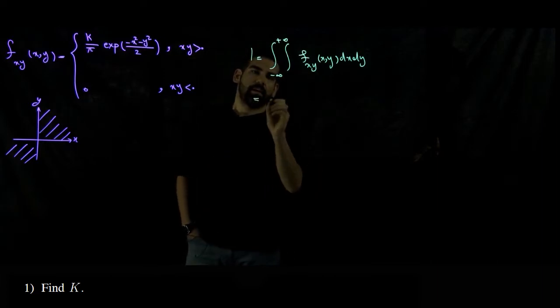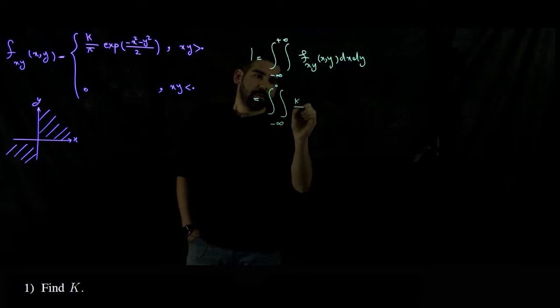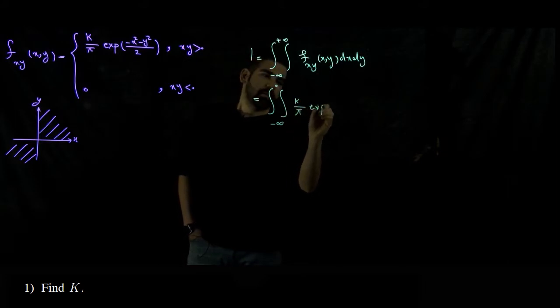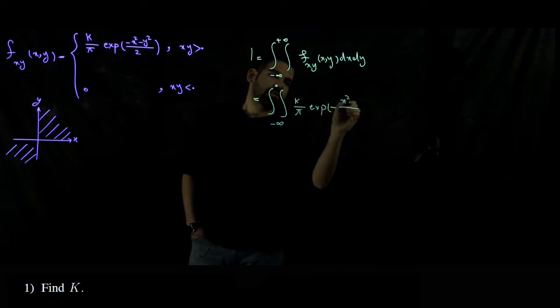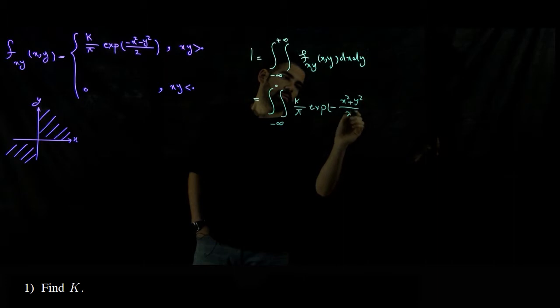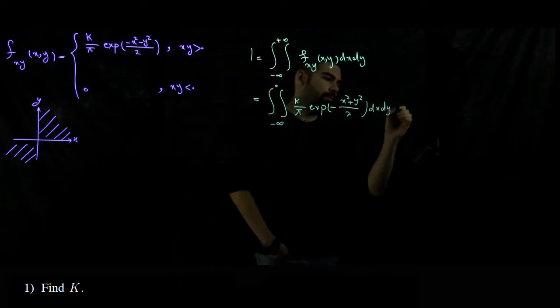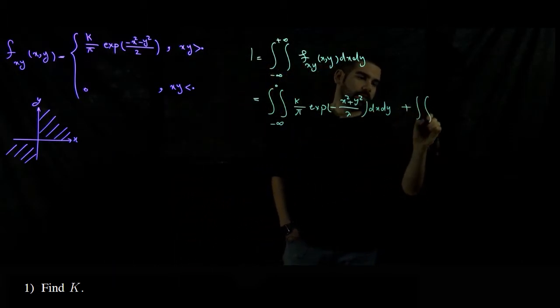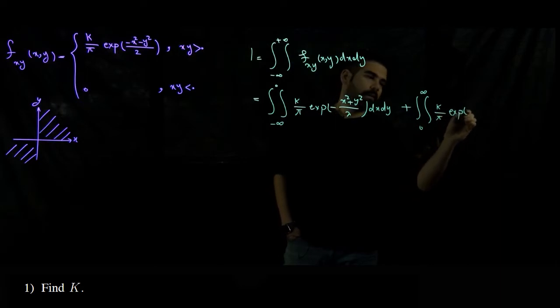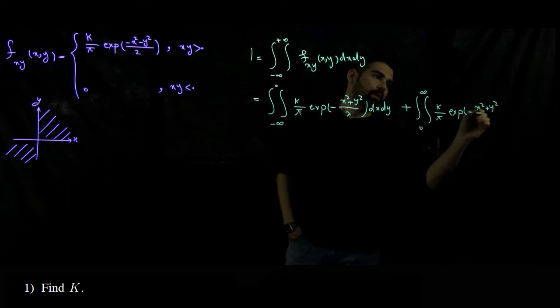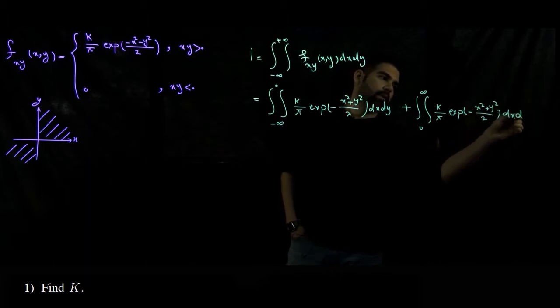So this equals the double integral from minus infinity to 0 of k over pi exp minus (x2 plus y2) over 2 dx dy, plus the double integral from 0 to infinity of k over pi exp minus (x2 plus y2) over 2 dx dy.